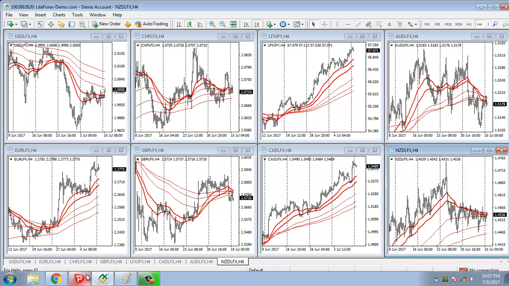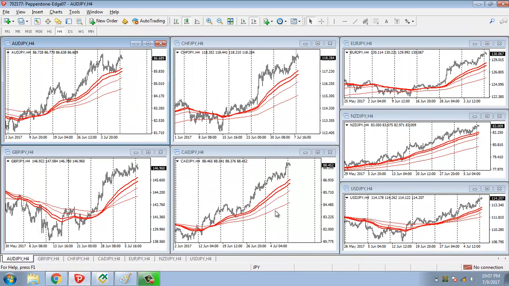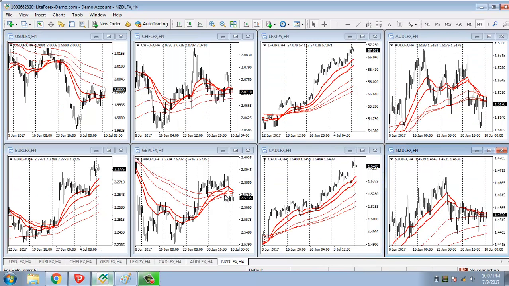Now here you have the yen basket. This is the yen basket of currencies. So you have the Aussie yen, pound yen, Swiss yen, CAD yen, euro yen, Kiwi yen, dollar yen. Now what do you see from this? Here you can see yen is weakening, which means yen is getting weak.